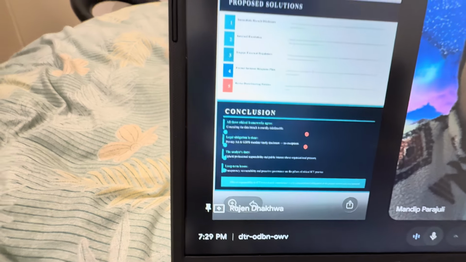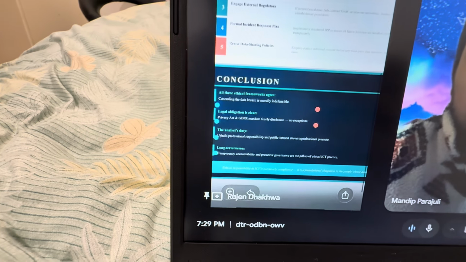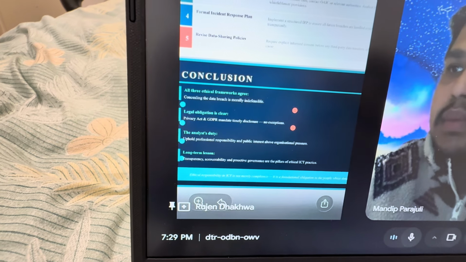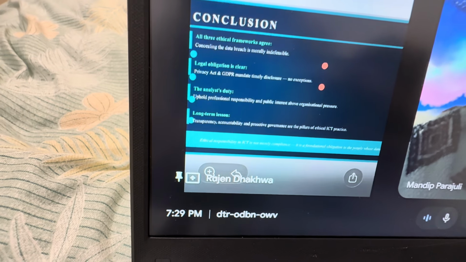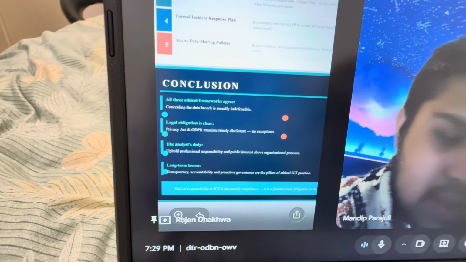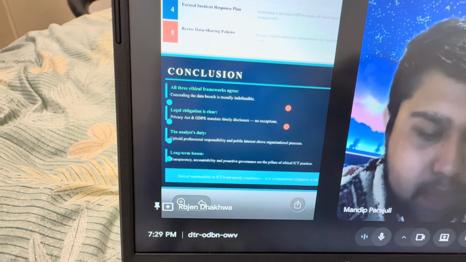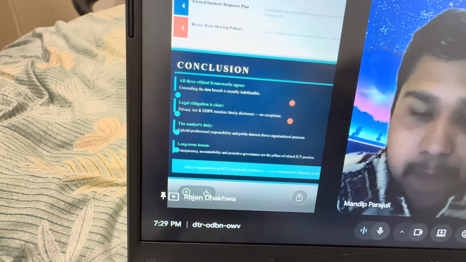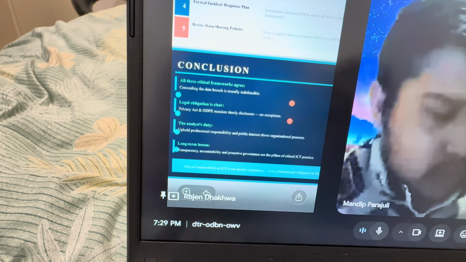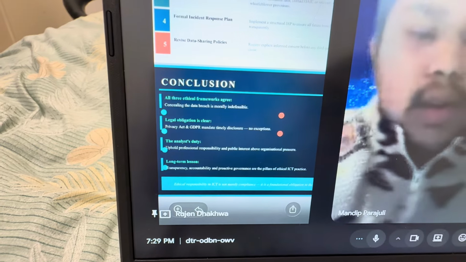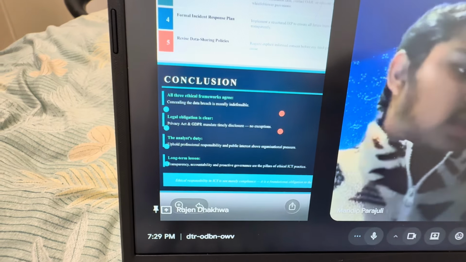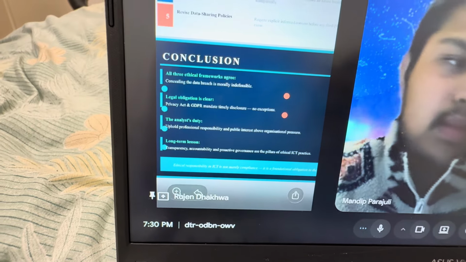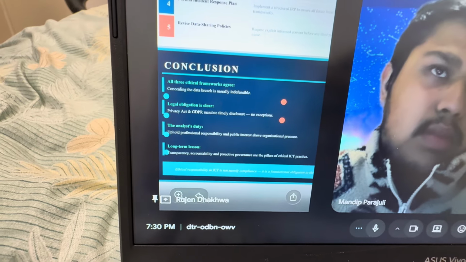And now to conclude, all three ethical frameworks agree that concealing the data breach is morally indefensible. Ethical responsibility in ICT is not merely compliance, it is a foundational obligation. So the analyst's duty is to uphold professional responsibility and public interest above organizational pressure. Transparency, accountability, and proactive governance are the pillars of ethical ICT practices. Thank you.